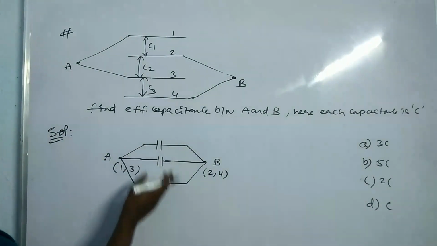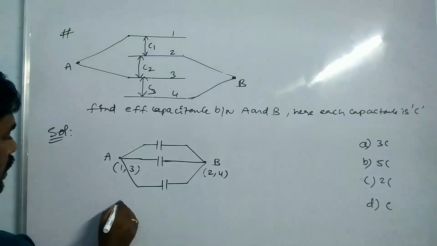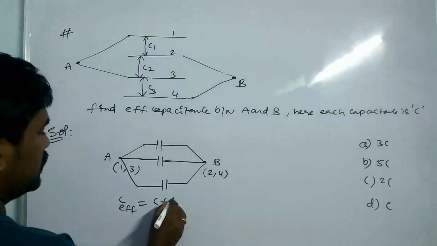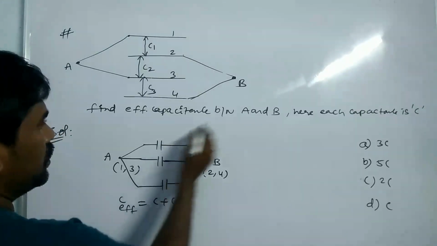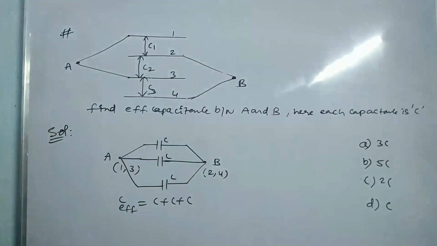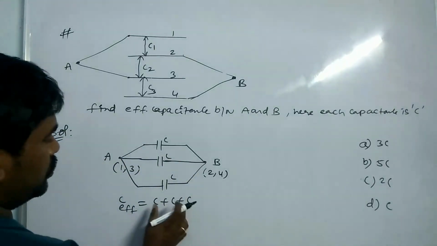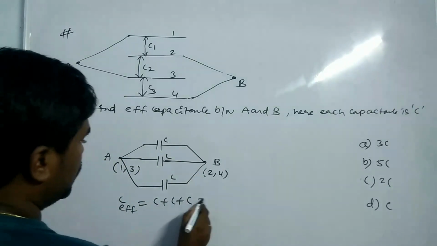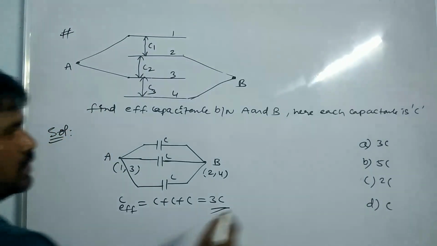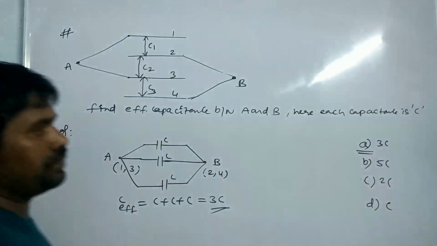If these three capacitors are in parallel connection, then the effective capacitance C effective is equal to C1 plus C2 plus C3, that is C plus C plus C, because each capacitance is C, which equals 3C. The answer is 3C here.